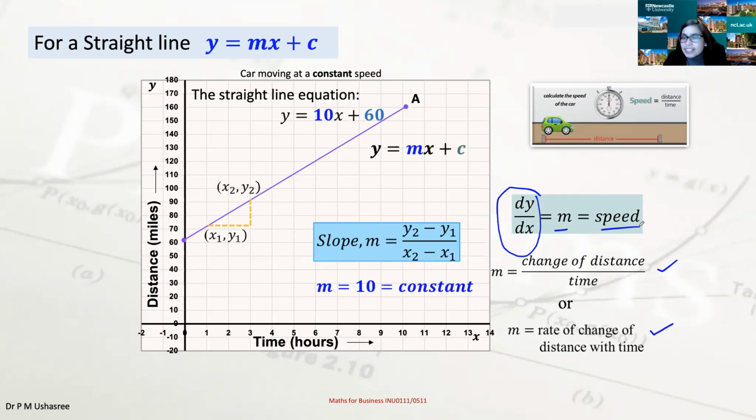It's the same thing. dy by dx is nothing but change in y with respect to change in x, or rate of change of a quantity with respect to time in this case. So you should be familiar with this and relate these two.